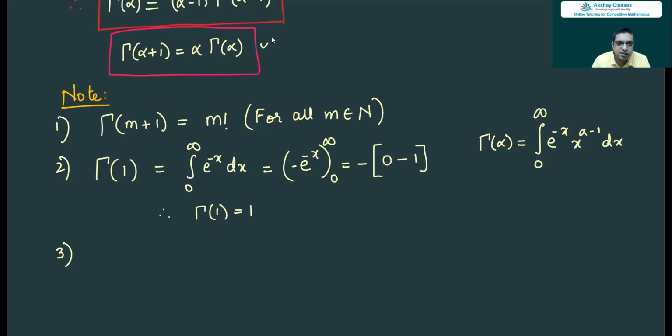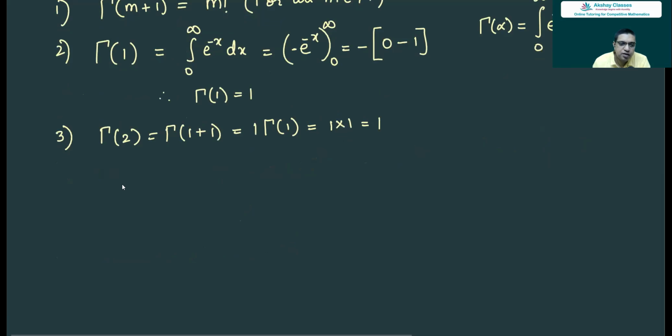Next, we'll apply this reduction formula. Gamma of 2 is gamma of 1 plus 1, so alpha plus 1, which is alpha into gamma of alpha. So 1 into gamma of 1. Gamma of 1 is 1 anyway, so you get 1. So gamma of 2 is also 1.